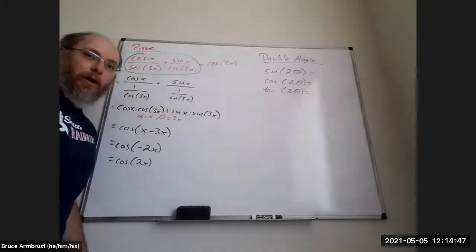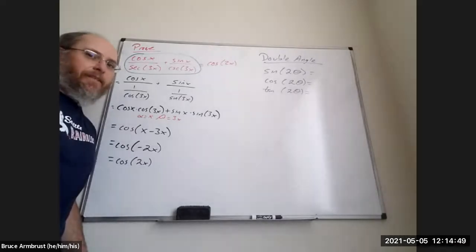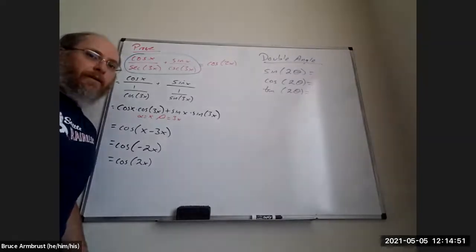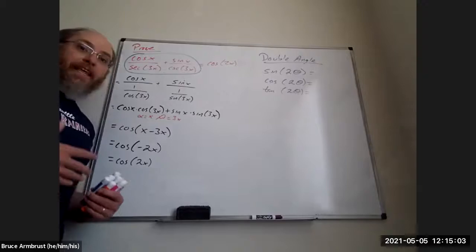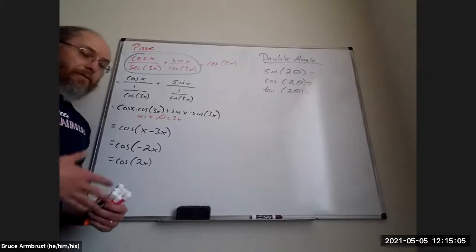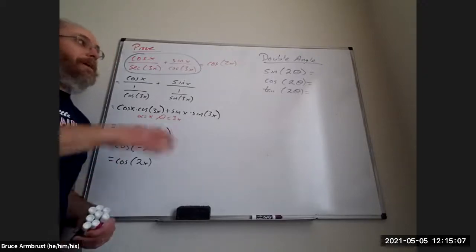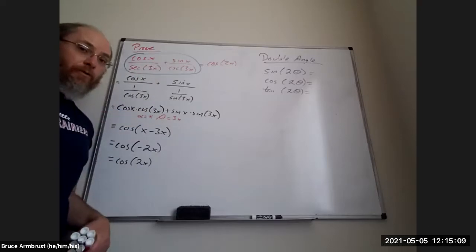Cosine of 90 is 0. Well, that's definitely not double. Right? Tangent, even worse. Tangent of 45 degrees is 1. Tangent of 90 degrees doesn't even exist. All right, so that algebra definitely doesn't hold, which means there has to be some other relationship, and that's what these identities are going to do for us.